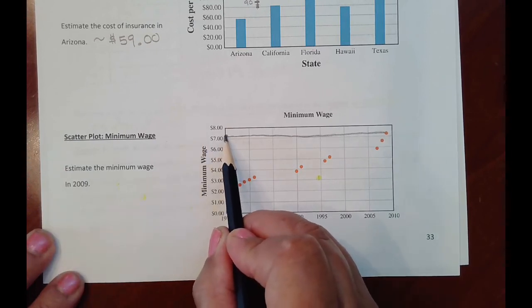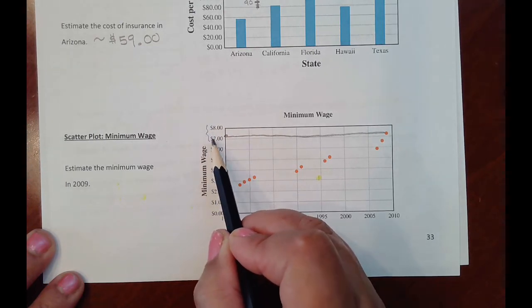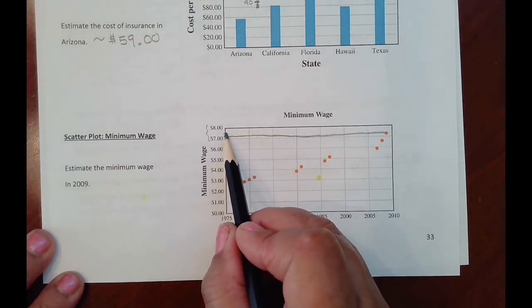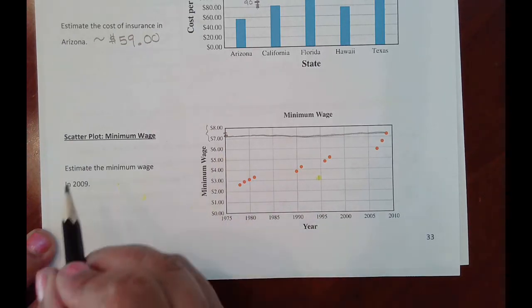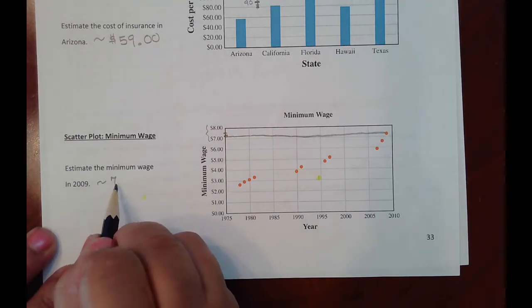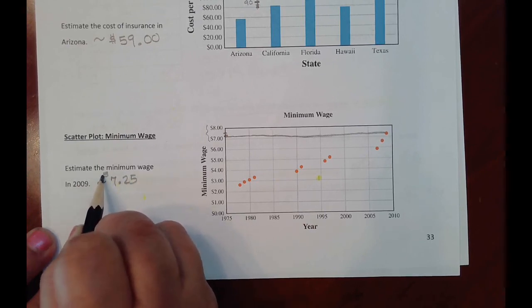All right, so if this is only a $1 difference between 7 and 8, and you're just a hair up from $7, not quite at the halfway mark, so I'm going to say that is approximately, and some people are going to have different opinions here, approximately $7.25. So just somewhere in that area.